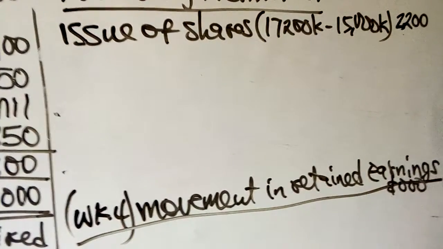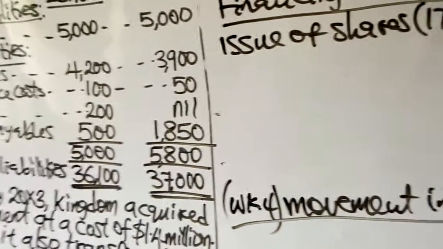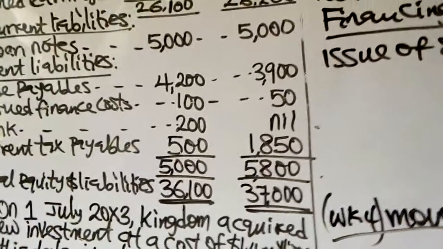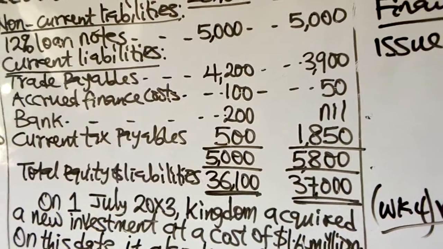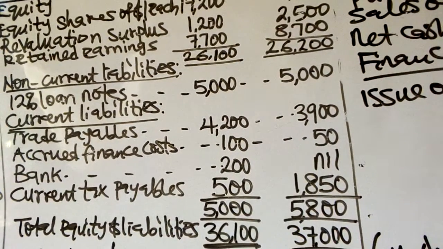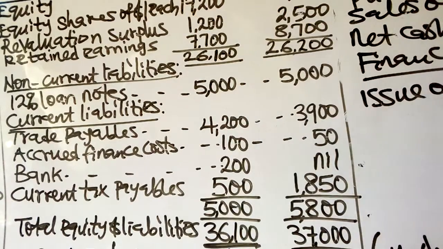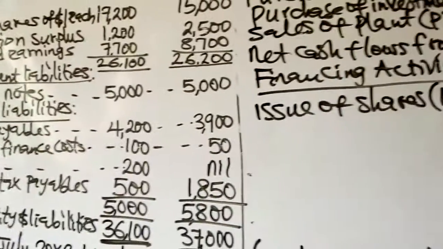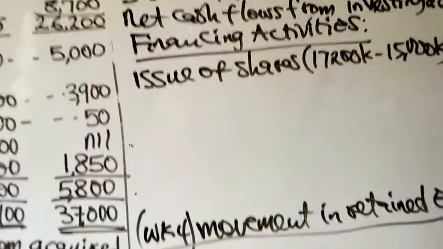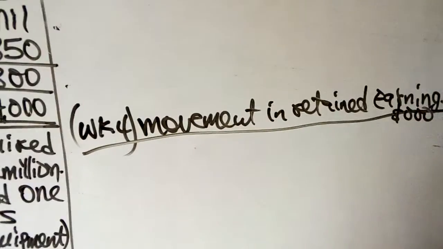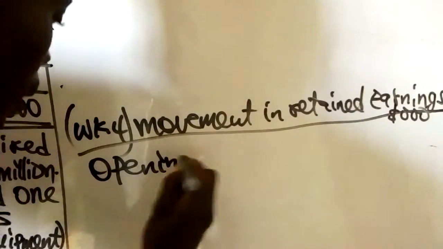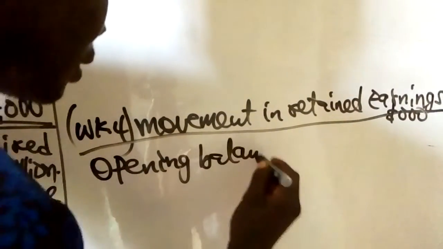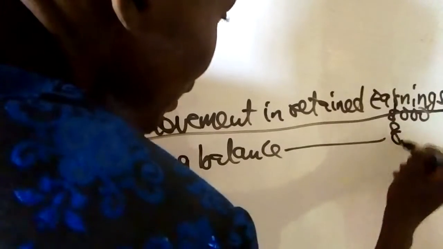The opening balance in retained earnings is 8,700.